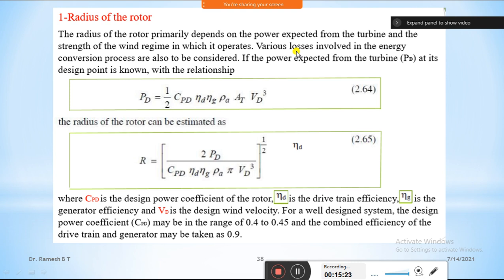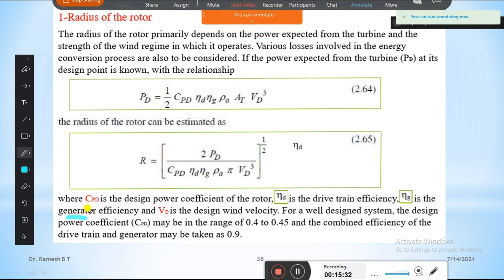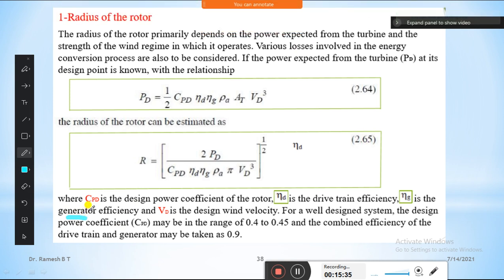And ηG is the generator efficiency. If the efficiency of the generator is higher, it directly provides more power output. And V_D is the design wind velocity. We already know that V_D means the design wind velocity.